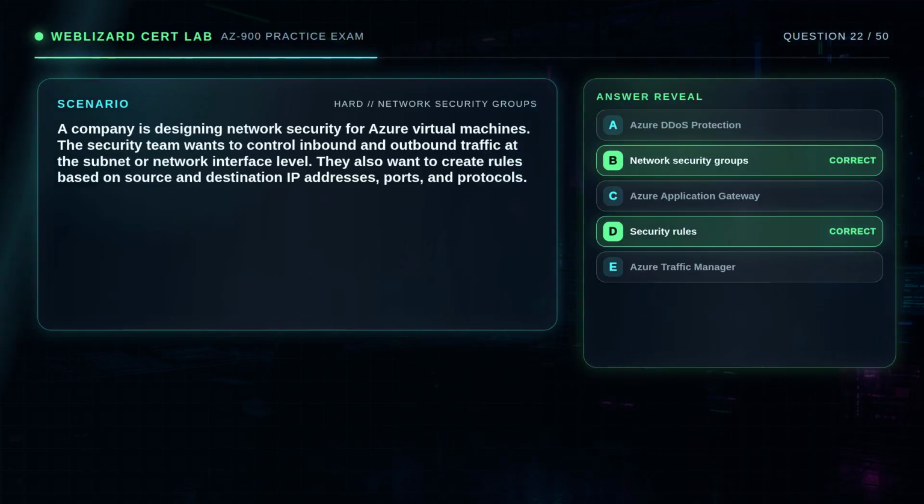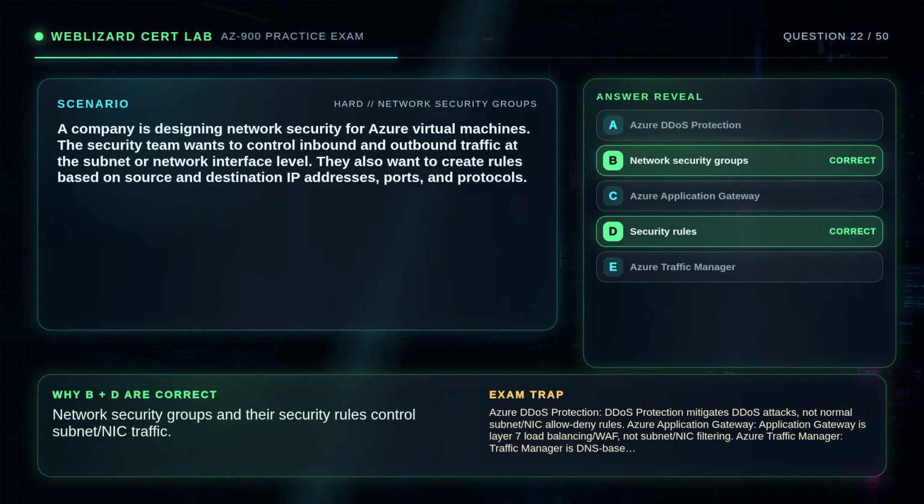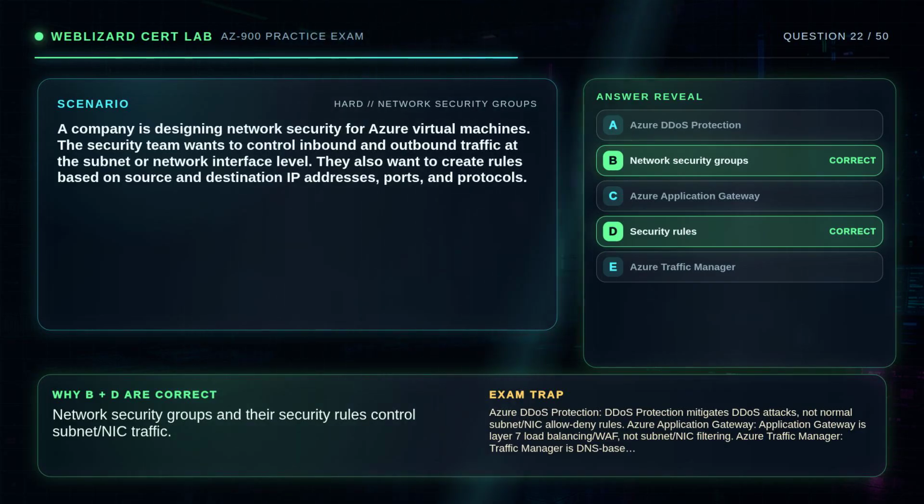The correct answers are B and D, network security groups and security rules. Network security groups and their security rules control subnet/NIC traffic. Azure DDoS protection. DDoS protection mitigates DDoS attacks, not normal subnet/NIC allow-deny rules. Azure Application Gateway.